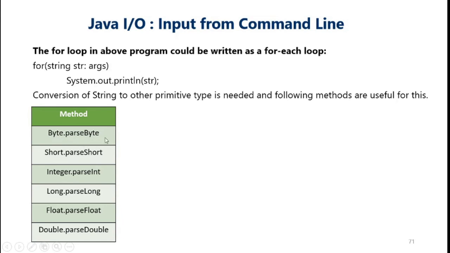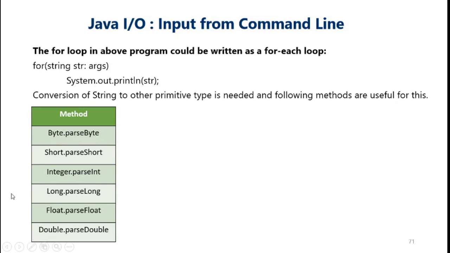Byte.parseByte, Short.parseShort. What is the use of parseByte? It returns the byte equivalent of the string. Then parseShort returns the short equivalent of the string. parseInt returns the integer equivalent of the string. parseLong returns the long equivalent of the string. parseFloat returns the float equivalent of the string.